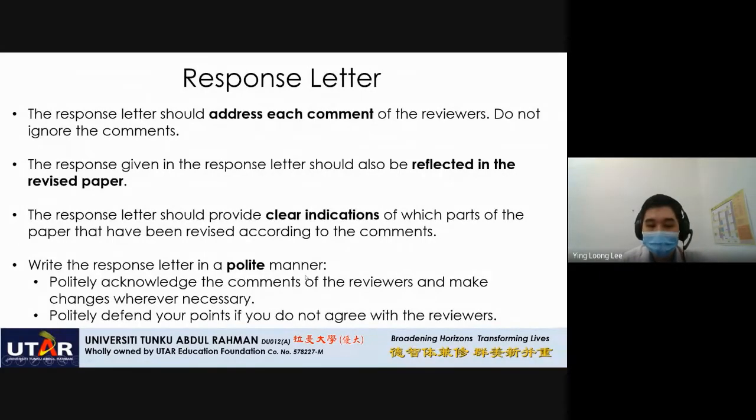If you do not agree with a reviewer's comment and you want to defend, you should also politely defend. You can highlight that maybe the reviewer has missed a certain concept, and we would like to highlight this concept again and explain it in the response letter politely.